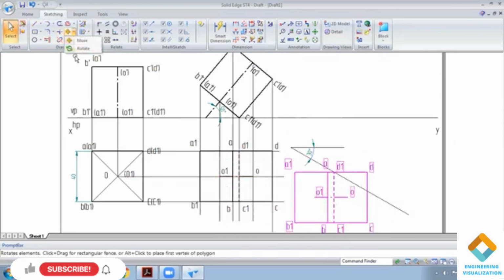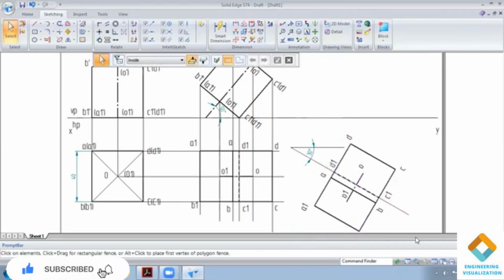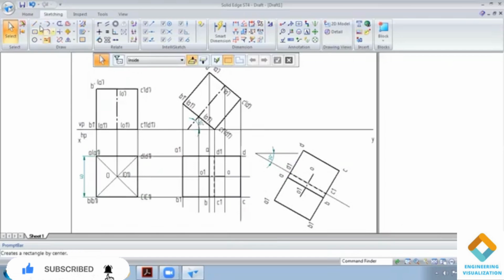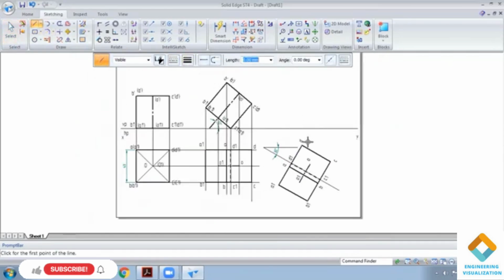Here, go to rotate from D1 to C1. Finally, we have to project from D to here, D dash.